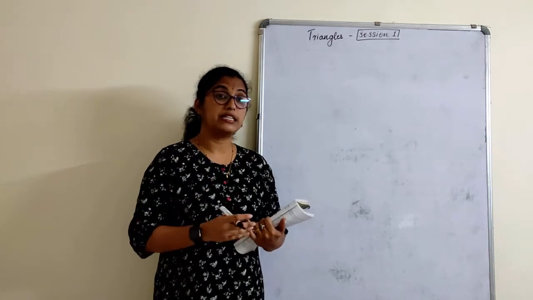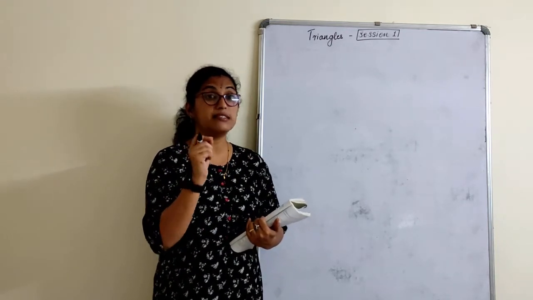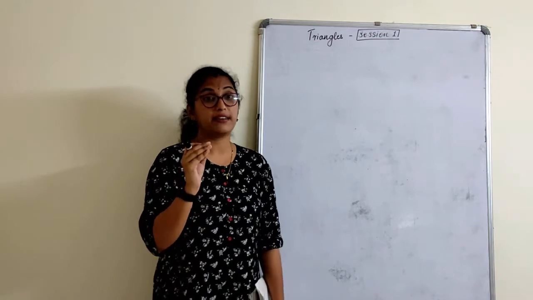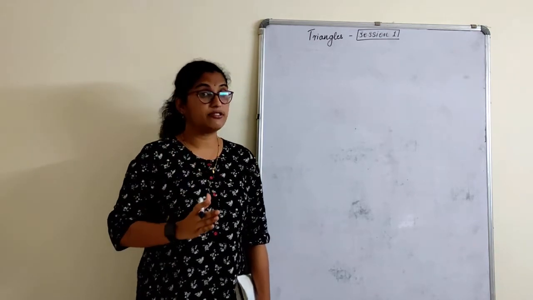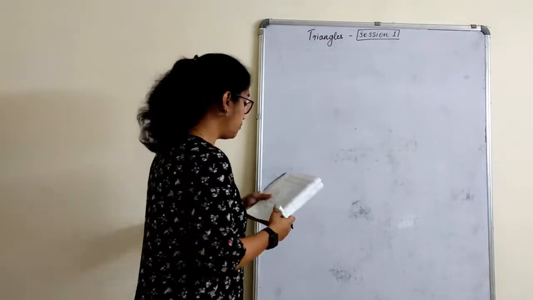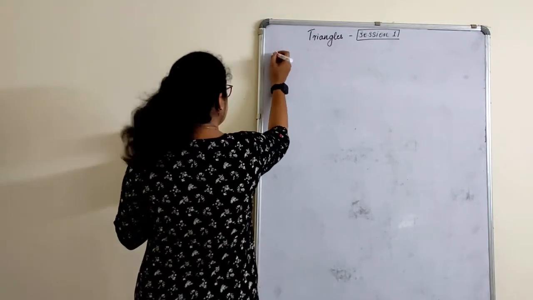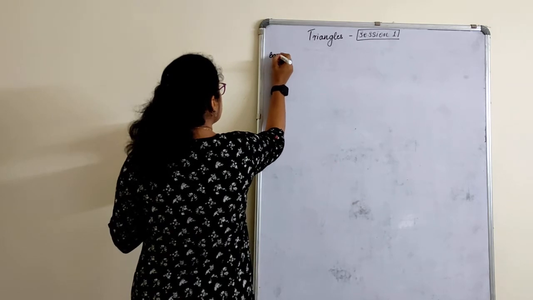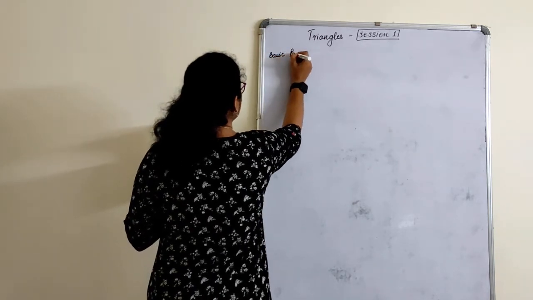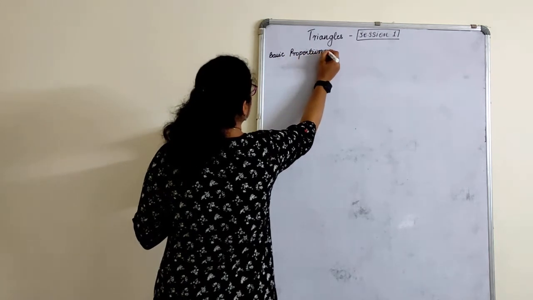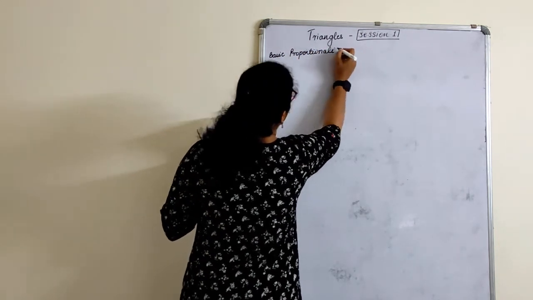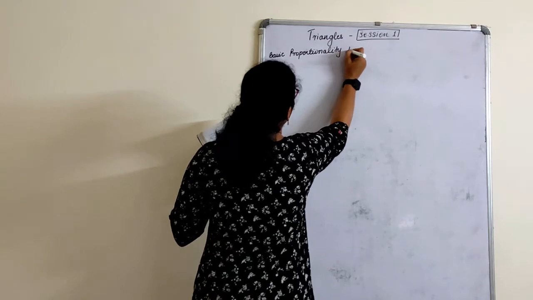That is what we study in standard 10th, that is in similarity, where we prefer the angles. If all the angles are equal, the condition is that the triangles are similar. So first one, the theorem, you can give the heading as basic proportionality theorem.